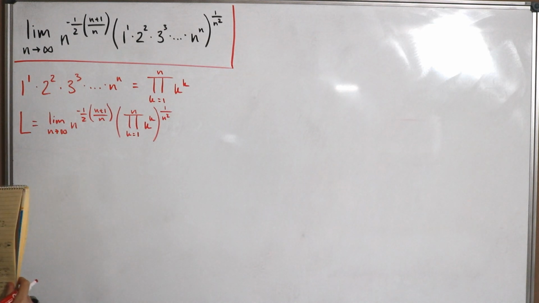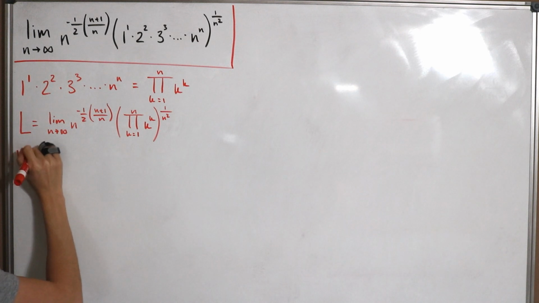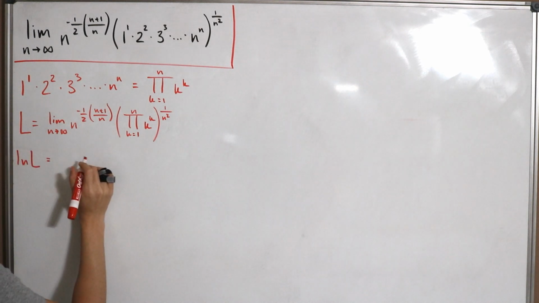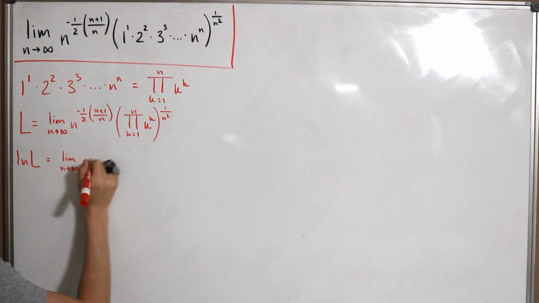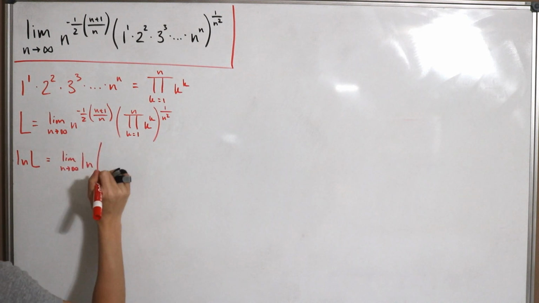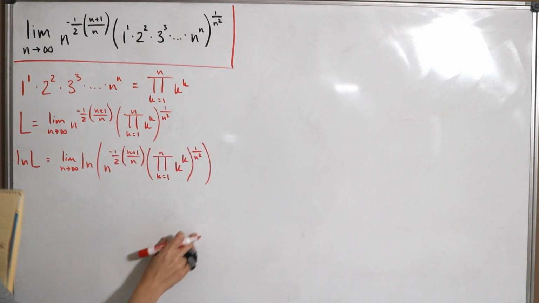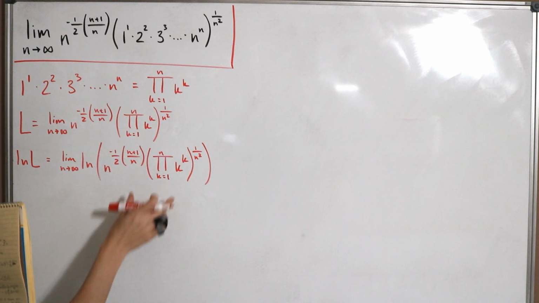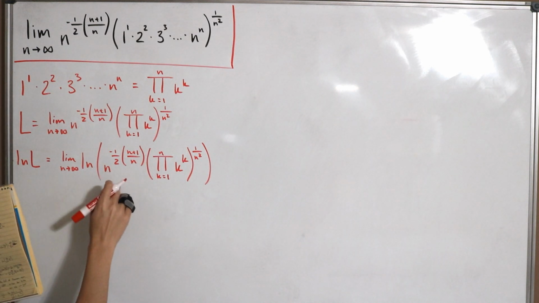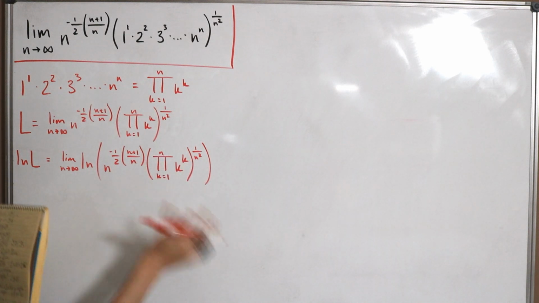Now let's take the natural log of both sides. So we have the natural log of capital L is equal to the limit, this is with continuity, of course. The natural log of this entire expression, so let me write this out in full first. From here, let's apply all the natural log rules to this expression. Obviously, we have some exponents and some products of these bases.